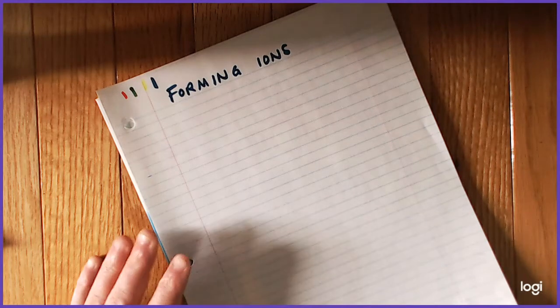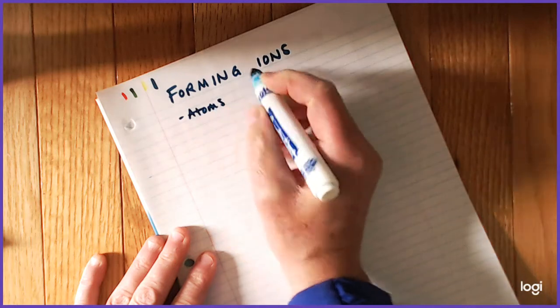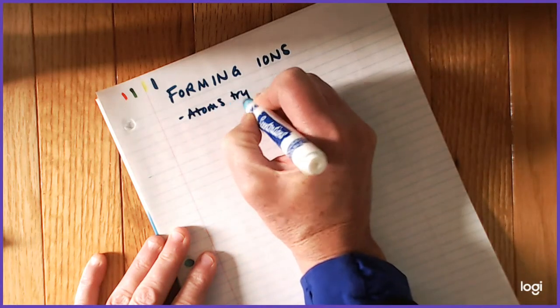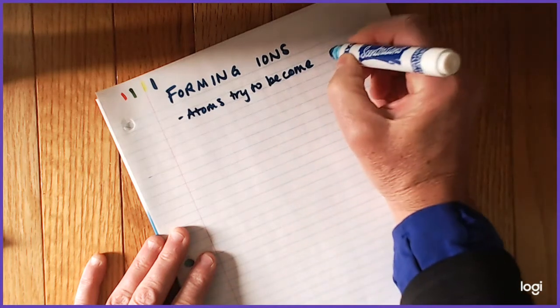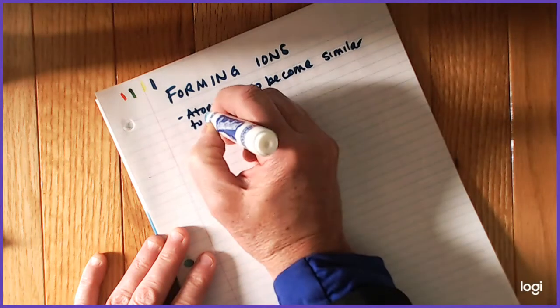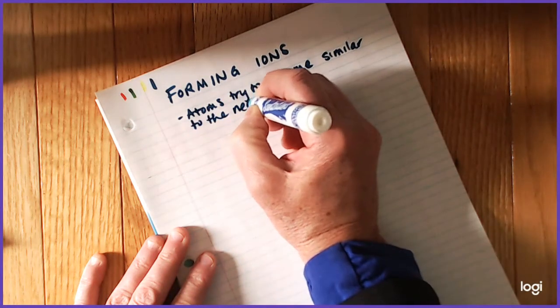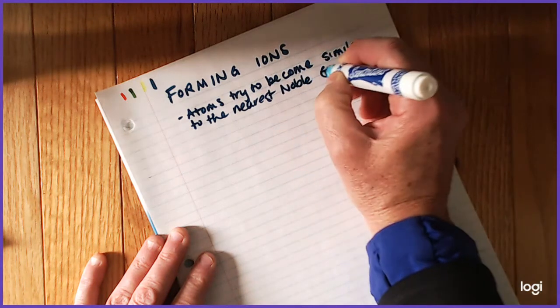Okay, so why they form, we're going to put down that atoms try to become similar to the nearest noble gas.